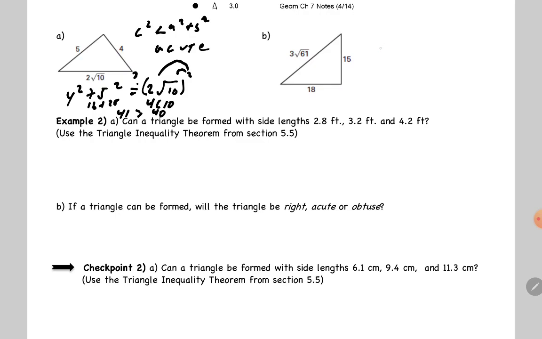Alright, let's try the next one. 15 squared plus 18 squared. Does that equal 3 root 61 squared? Now, if you're unsure which side is largest, just punch this into your calculator and you'll know that it's actually bigger than 18 or 15.